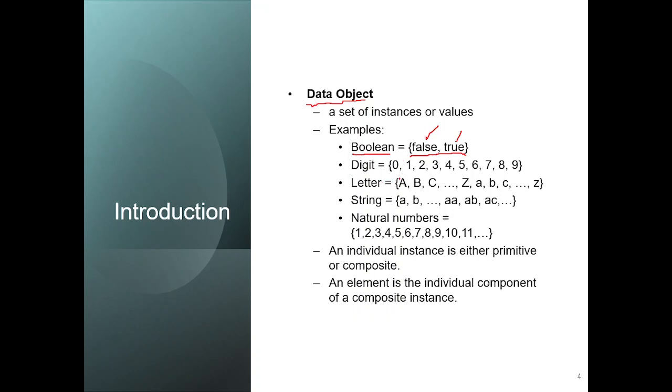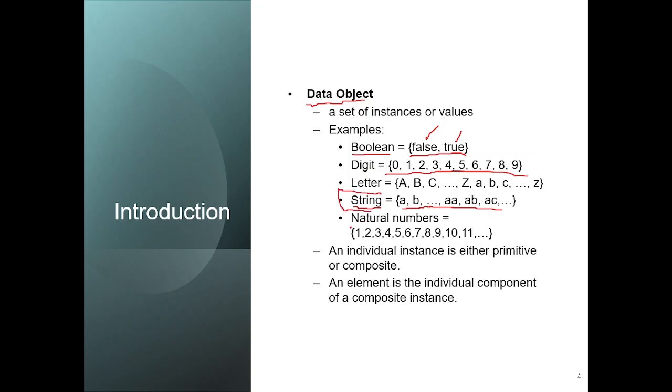Similarly, we can have digits 0, 1, 2, 3, 4, 5, 6, 7, 8, 9. This can be a data object. We can have alphabets A, B, C, D up to Z, capital and then small. We can have strings like A, B, and then A, B, A, C. All possible combinations of these alphabets can be part of the data object string.